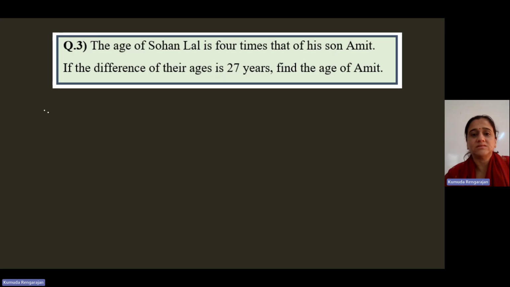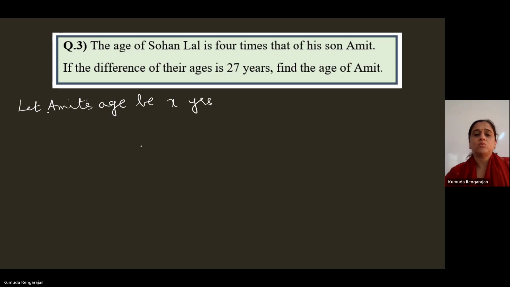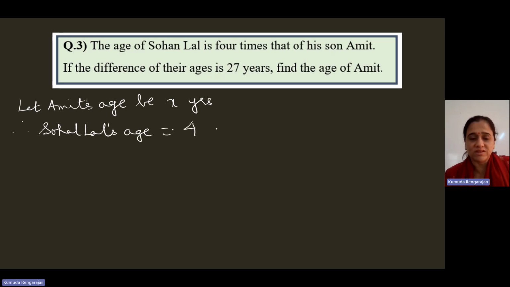So we'd say let Amit's age be x years. Who's Sohan Lal? Father. Amit is the son. So his age will be 4 into x, because he's 4 times his son's age. Sohan Lal's age is 4x years.